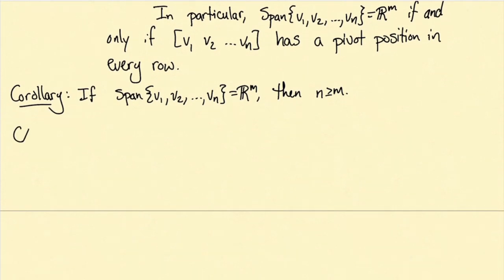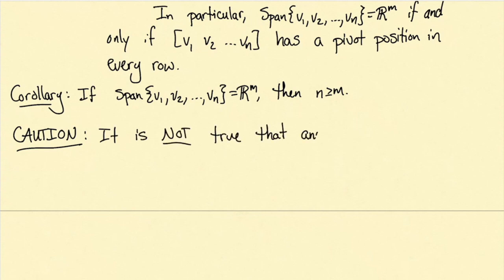And as a word of caution, it's important to remember that the converse of this statement is not true. There are sets of vectors, as we have already seen in the previous examples, that have enough vectors but do not span the space. This is a topic that we will discuss at great length when we move on to linear dependence and linear independence.